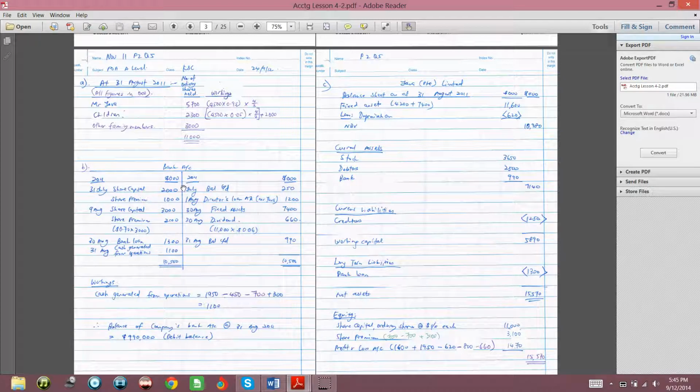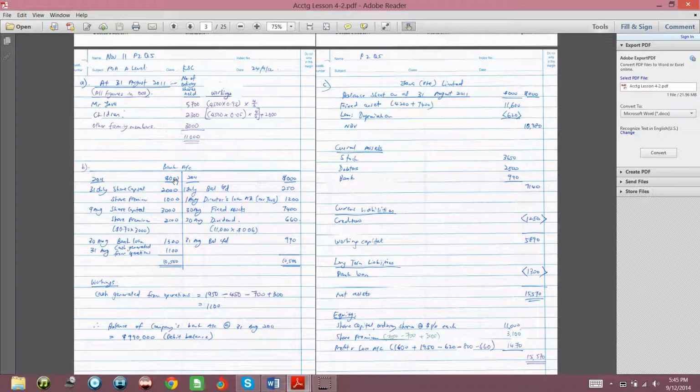Her shares went to the children. The shares were valued at 675. So this 675 money did not come into the company. Neither did it go out from the company. So this is just the market price of the shares on 1 July 2011. It doesn't affect the company bank account, because for this number 1, there's no money coming in or going out.